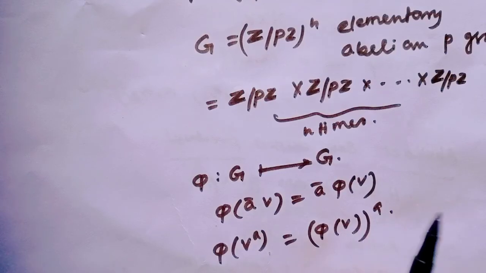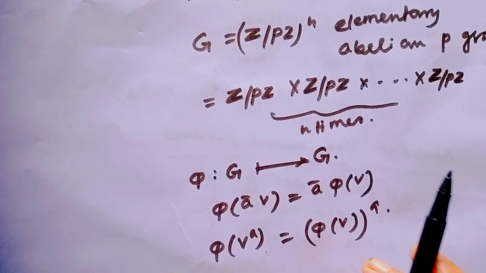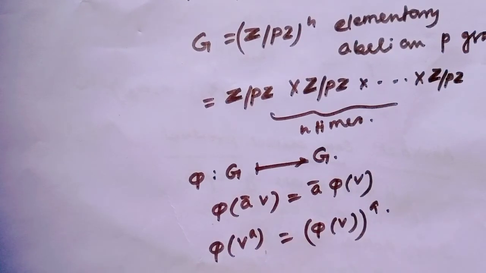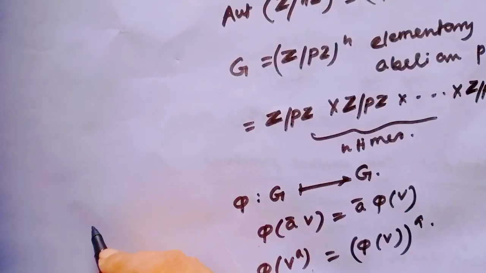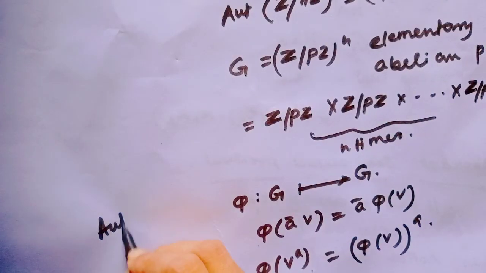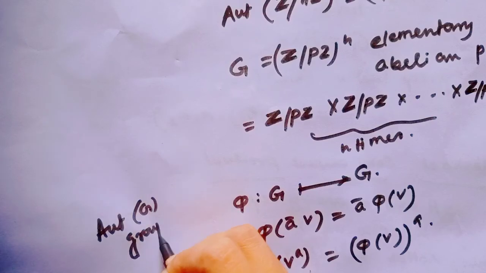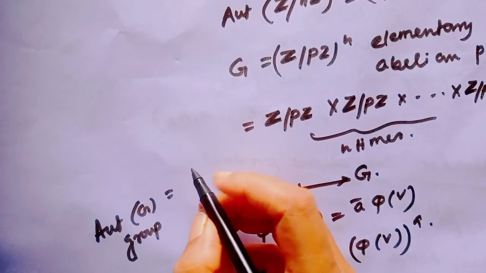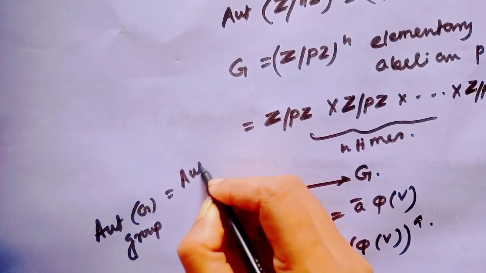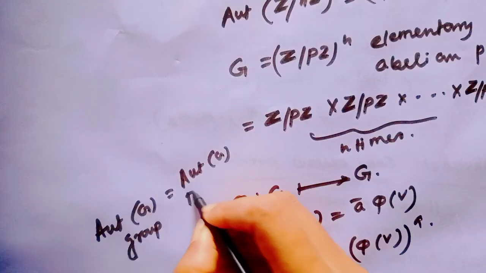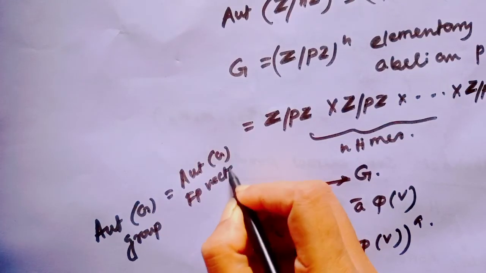That means every group homomorphism is a vector space map, and for this reason the automorphism of the group G is equal to the automorphism of G as an Fp vector space.